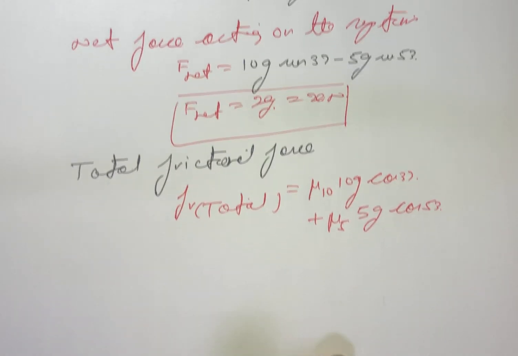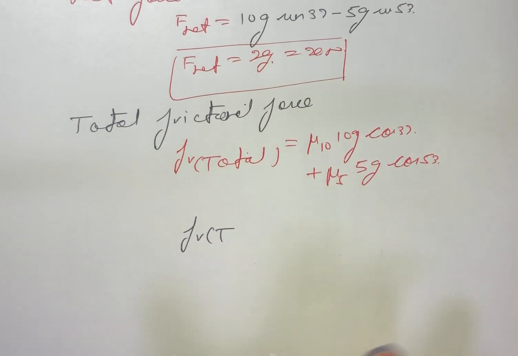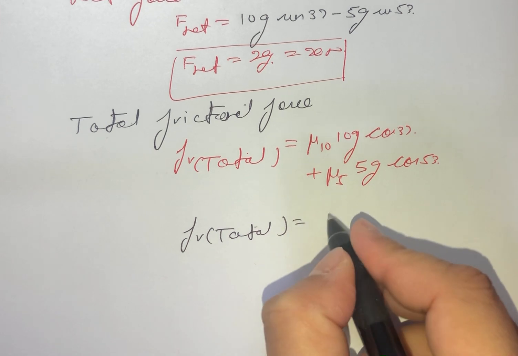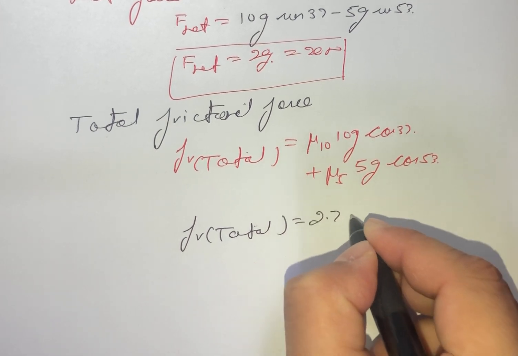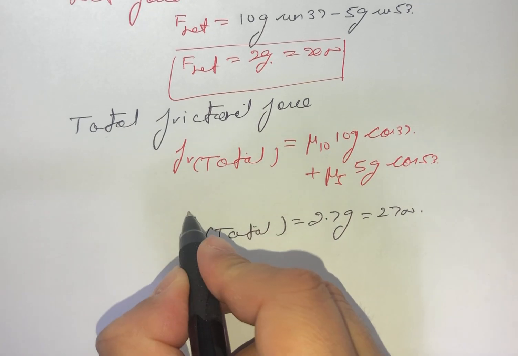So we get Fr total equal to 2.7g, or we can say simply 27 Newton.